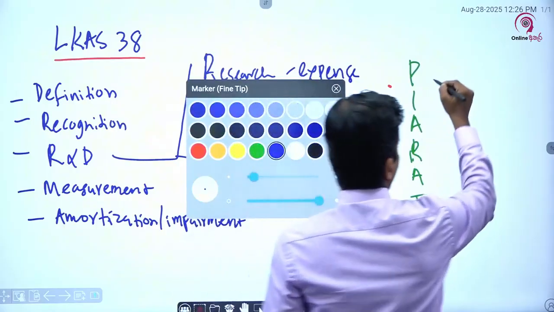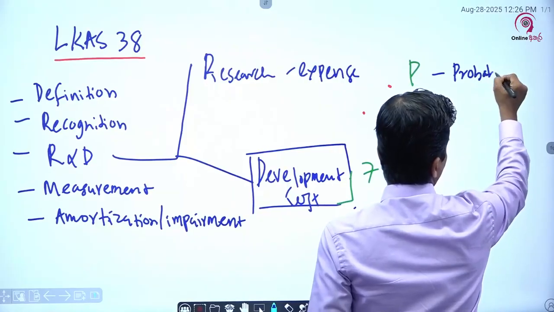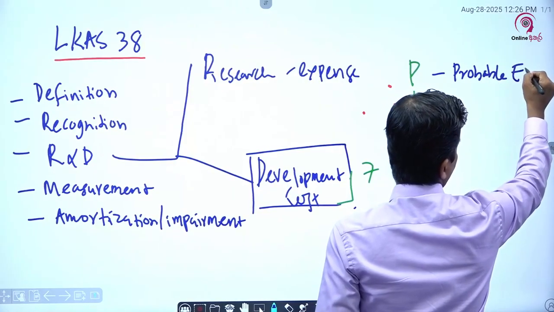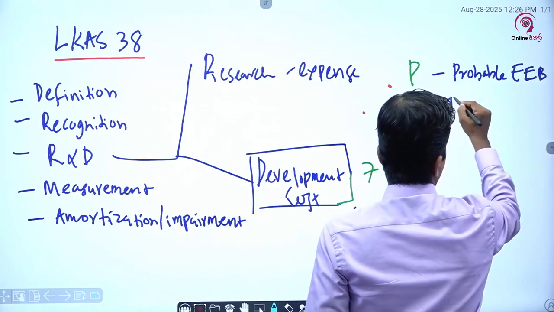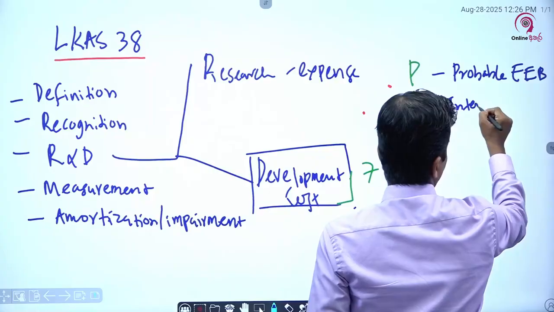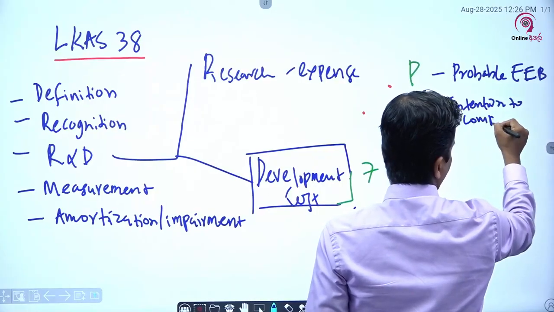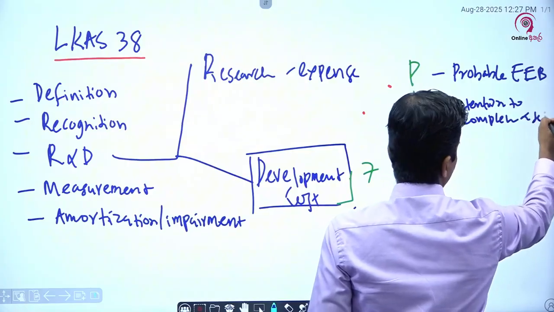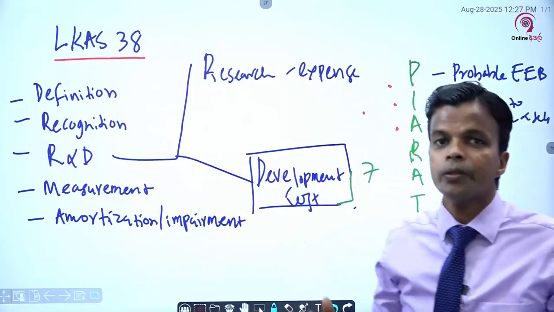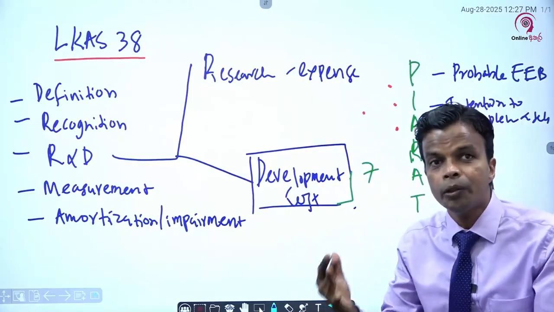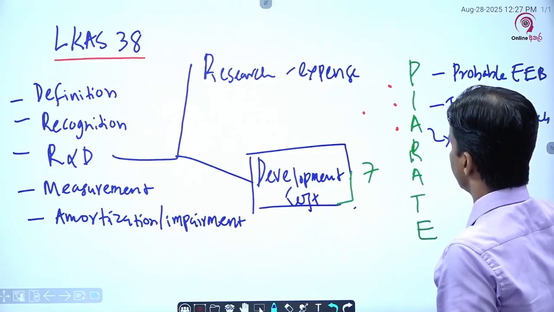So pirate is the word. Probable future economic benefits. Intention to complete and sell. Then you have the intention to complete and sell, and you should be able to sell also. That is called ability to sell.